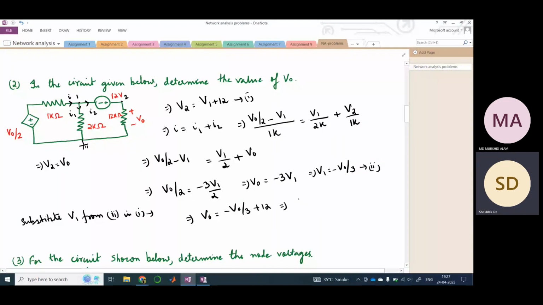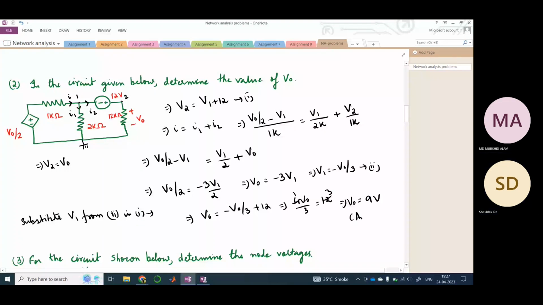If you take it to the other side, V0 plus V0 by 3 is 4V0 by 3, and this would be 12. So this gets cancelled, this is 3, therefore V0 is 9 volt. So this is your answer.